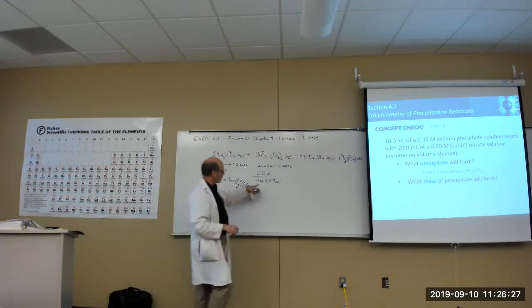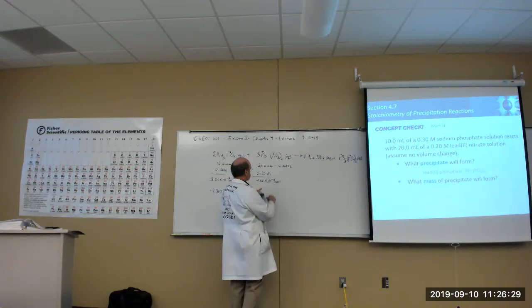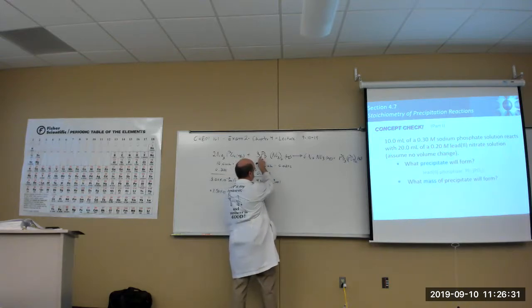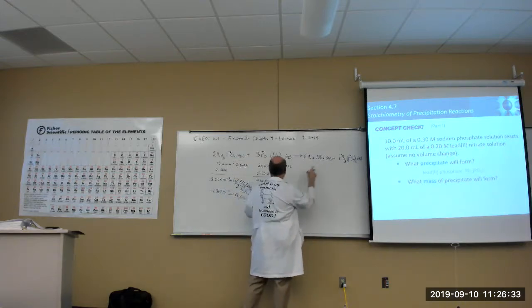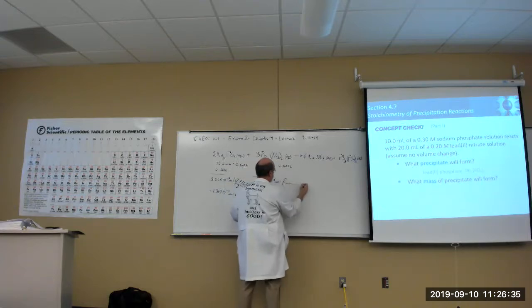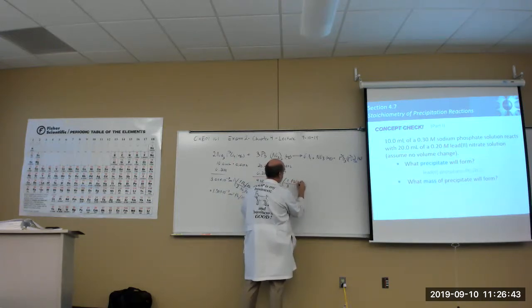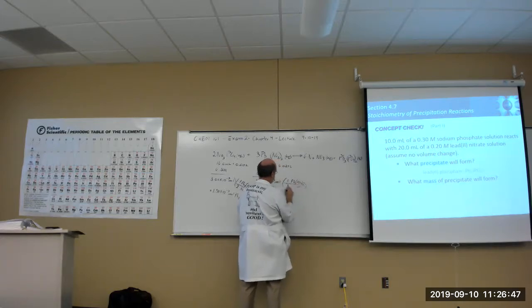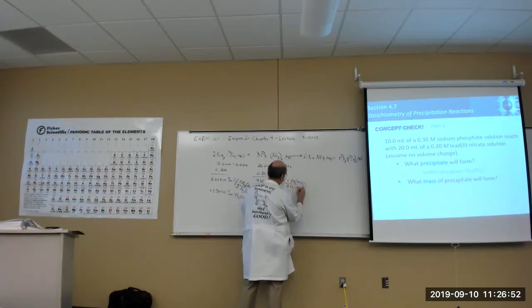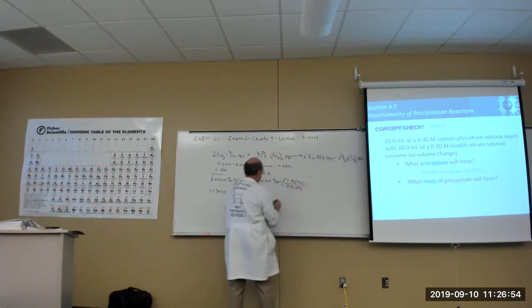What happens with this one? If we use this one, then the ratio is 3 to 1. So in this case, for every 1 of these, we have 3 of these, right?